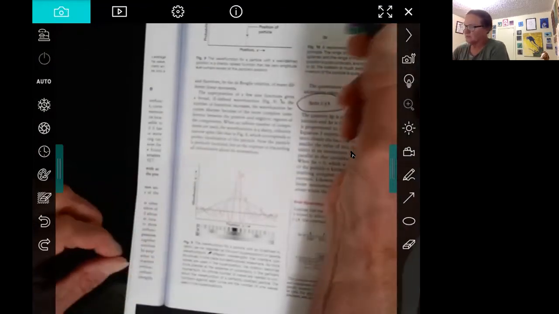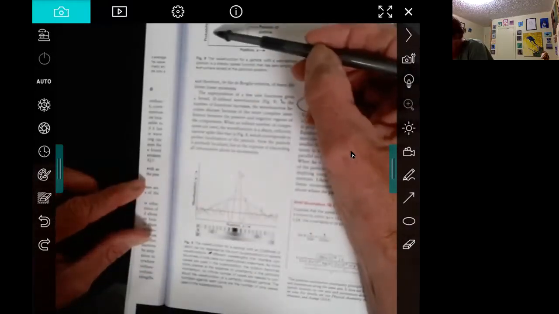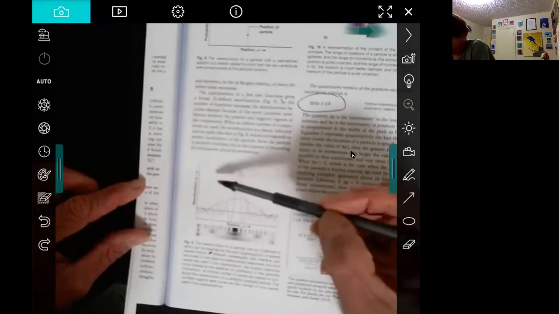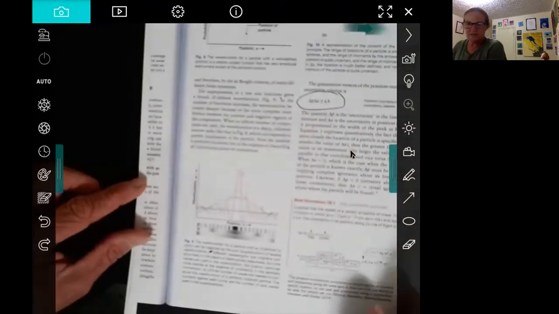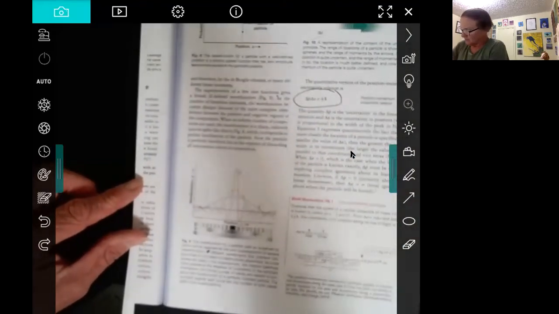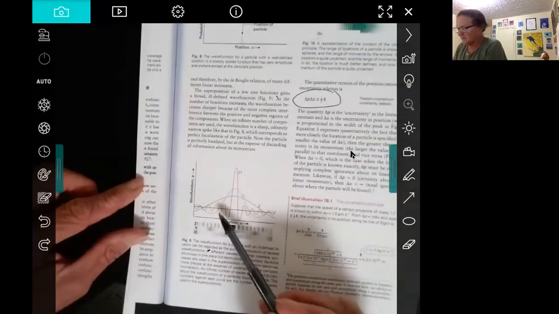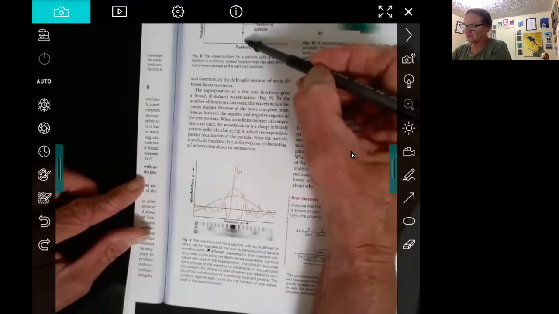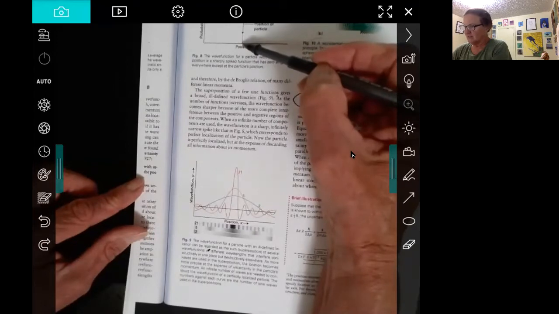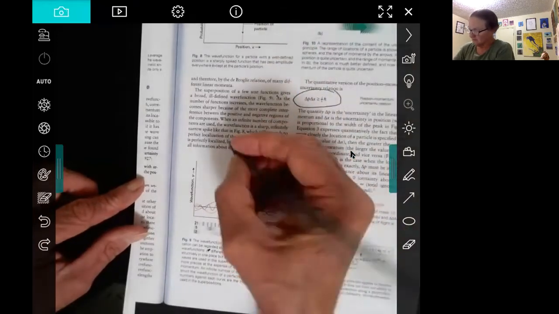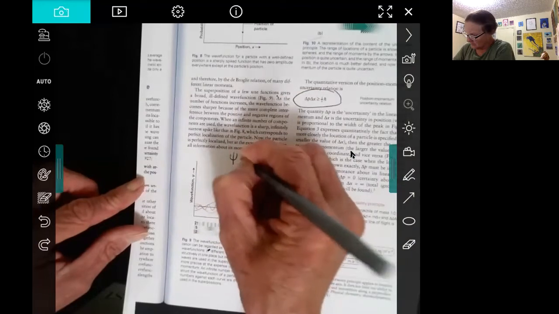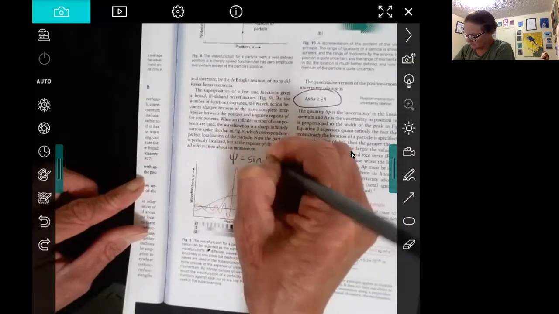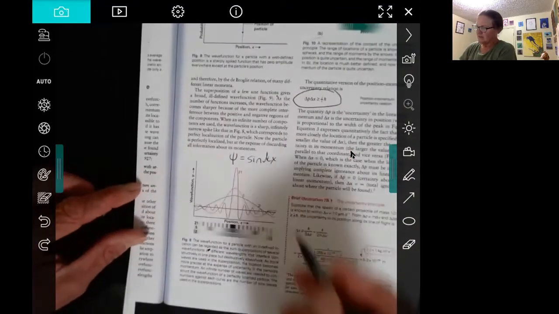Okay, so here we're looking at the wave function squared. Here we're looking at the wave function, just so we can see them interfering with each other. So if you add together a whole bunch of sine functions, you're going to converge and get this picture here, where essentially if you add together an infinite number of sine functions, so remember our wave function is sine kx.